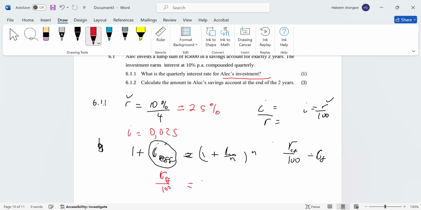And then this is going to equal 1 plus I norm, which is 0.10 divided by 4, to the power of 4, minus 1. But you always agree we eventually multiply by 100. But we couldn't even explain where that 100 comes from. So now we know exactly where the R comes from. It comes from the fact that I is given as R all over 100.